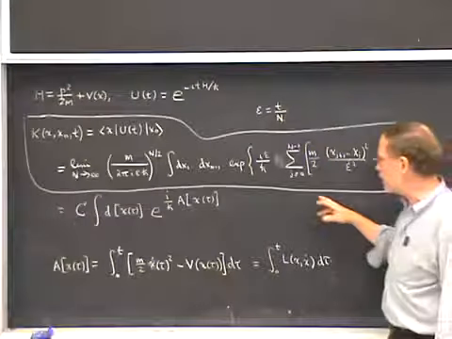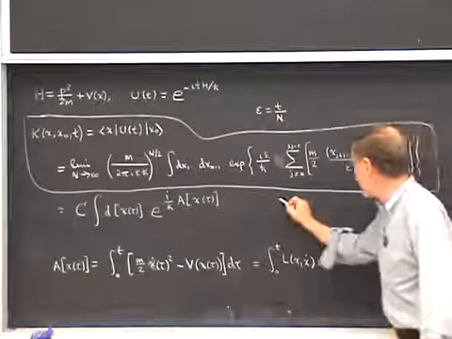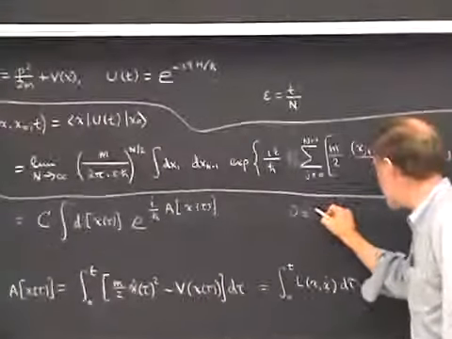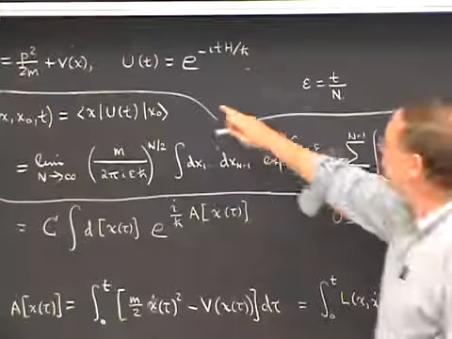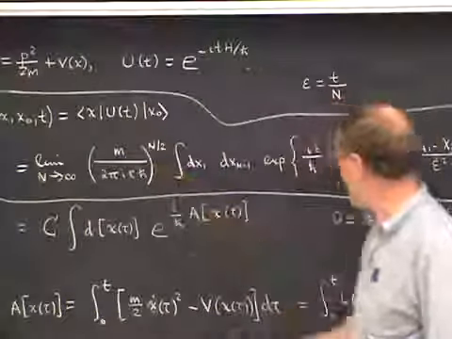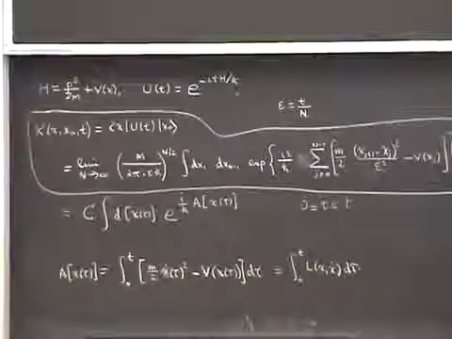And we can write the integral in more compact form as a function of x of tau. Tau here is a time variable that just goes between 0 and t. I'm using the symbol t here to stand for a fixed final time. So tau is a variable time that runs between the initial and final times like this.